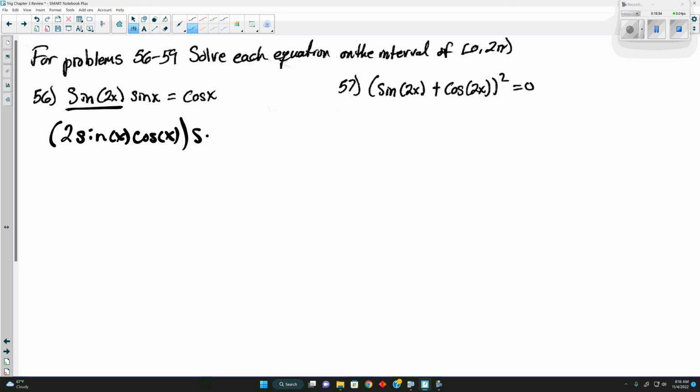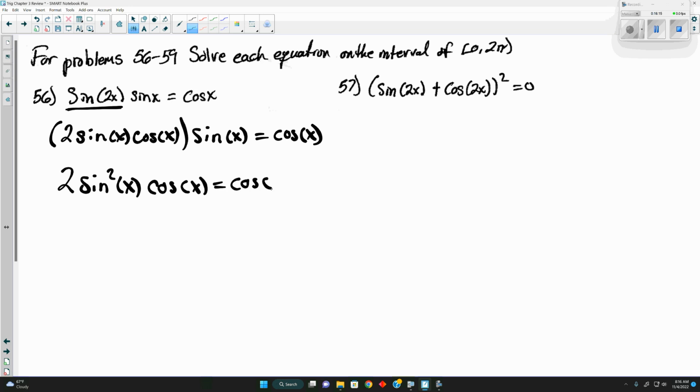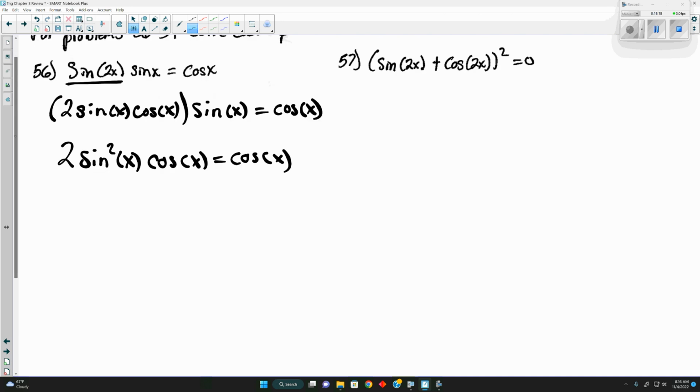And it's still being multiplied by sine of x, is equal to cosine of x. Now we can multiply these two together, which will give us 2 sine squared of x cosine of x is equal to cosine of x.